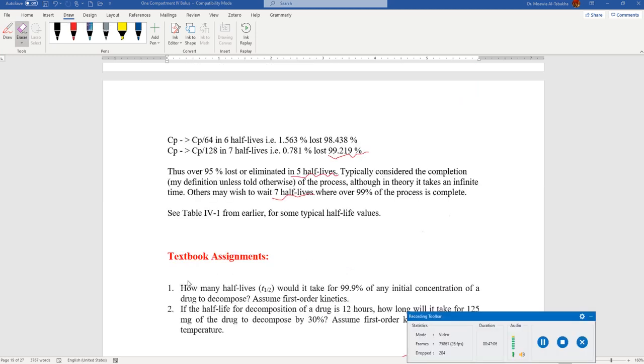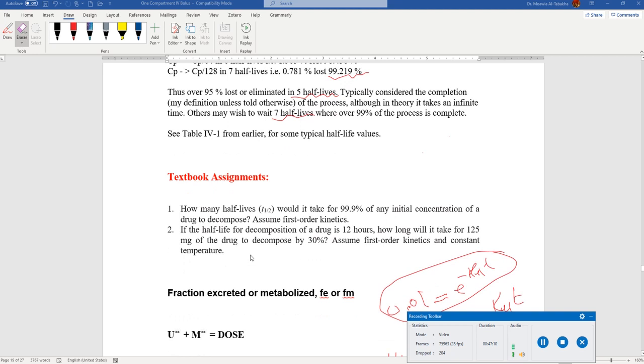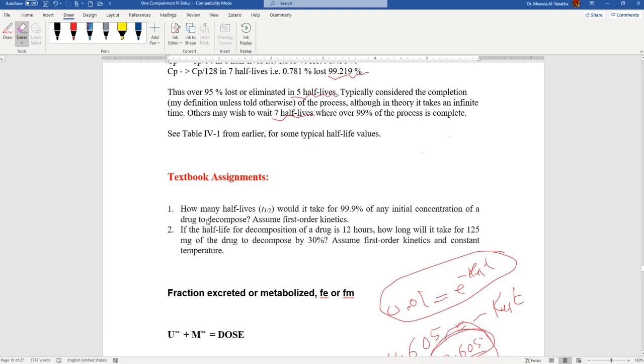But you have 2 assignments from your textbook. You can see the answers there as well. Let us solve them together. The first question says: how many half-lives would it take for 99.9% of any concentration to decompose?